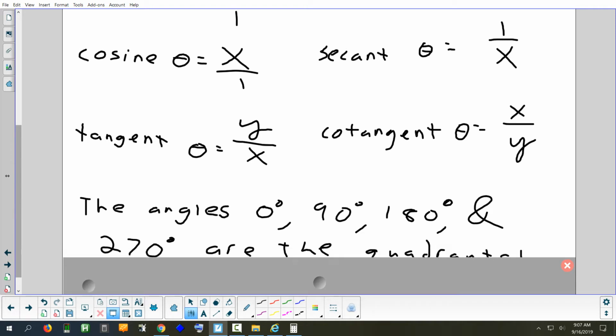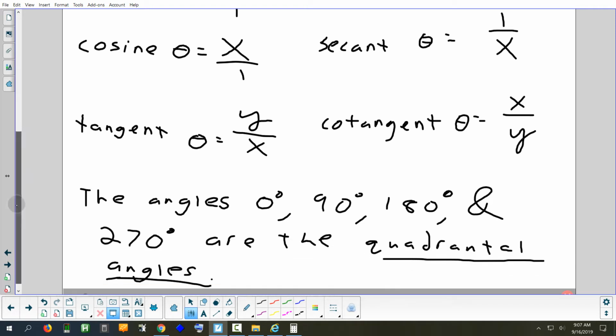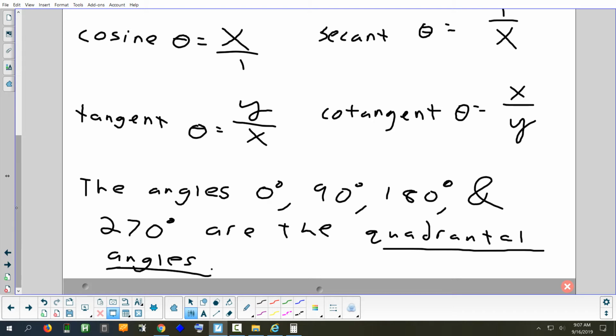So these are called quadrantal angles because they're the angles that are right on the edges of all the quadrants. And for today, those are the only angles we're going to work with. I told you eventually we're going to work with angles that are multiples of 30 and 45. That's not going to be until tomorrow and Wednesday.